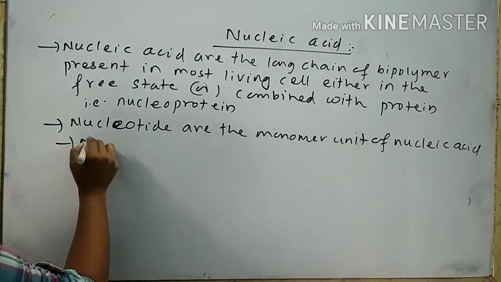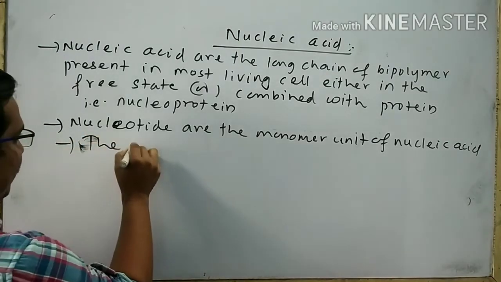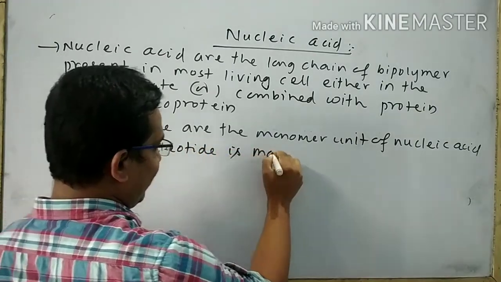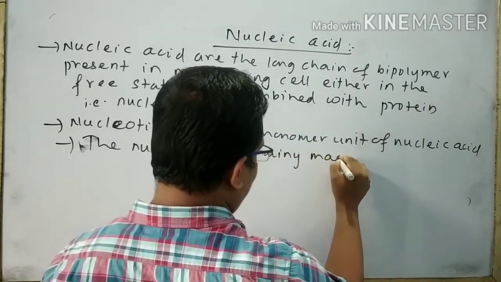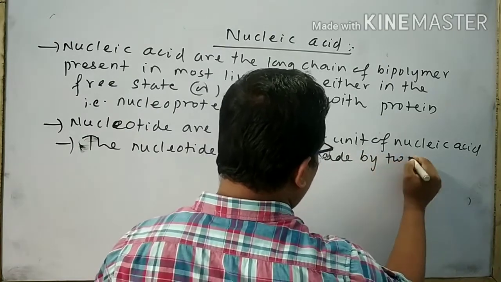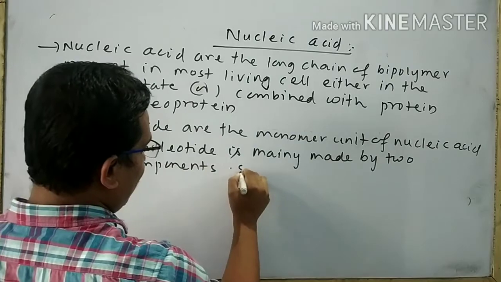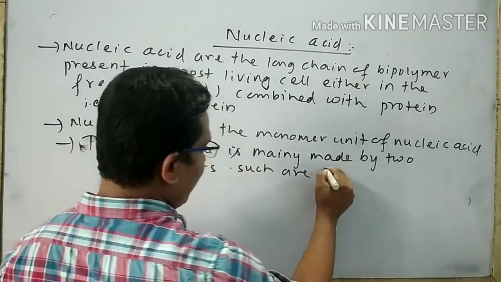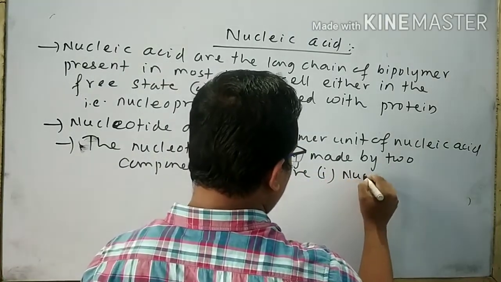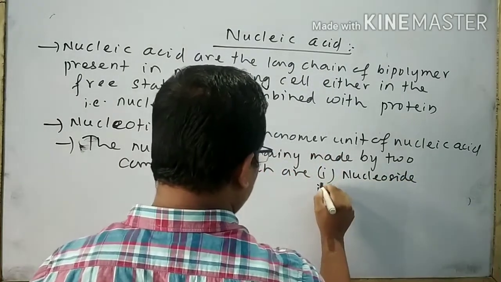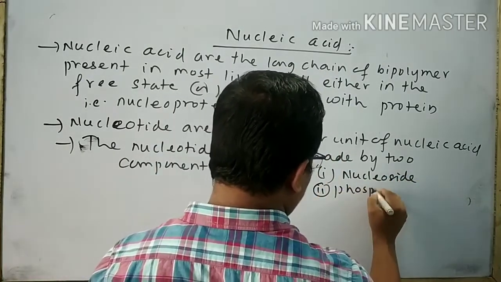So we can write: the nucleotide is mainly made of two components, such as number one, nucleoside, and number two, phosphoric acid.